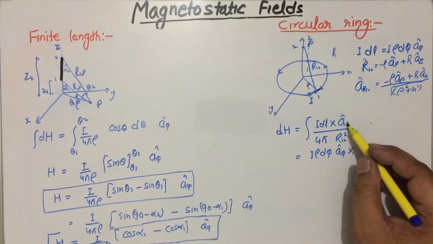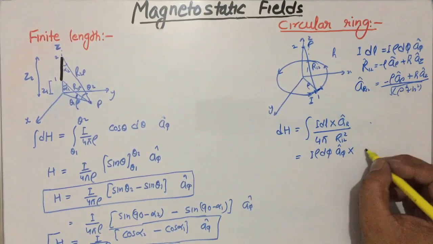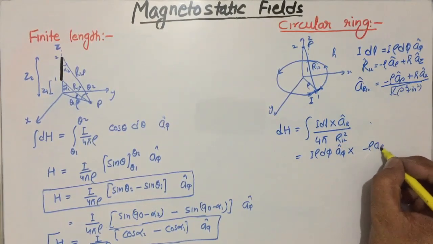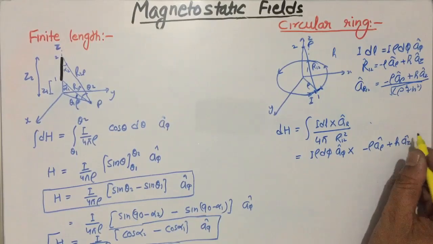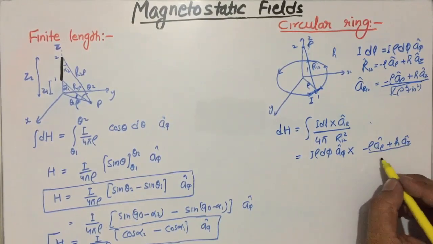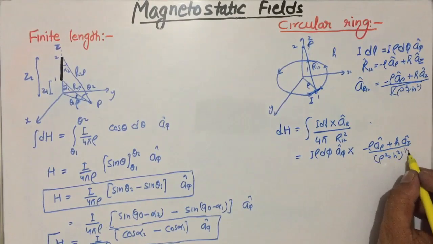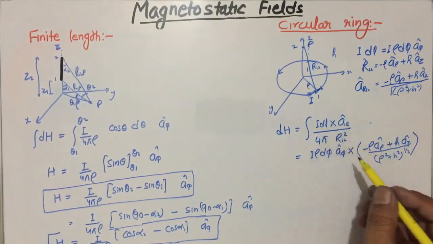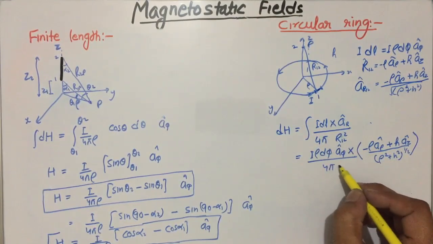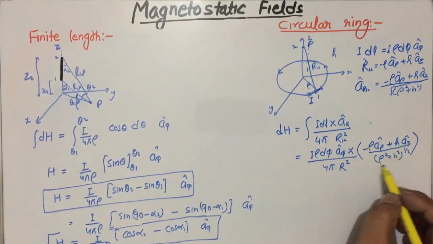Cross product with aR means cross product with this, which will be (minus rho a rho plus h az) divided by the square root of rho square plus h square. We know this, and it is divided by 4 pi R square, where R means the square root of this.